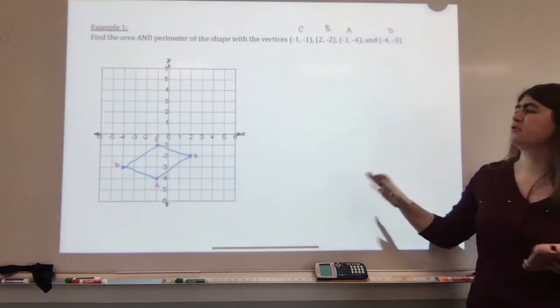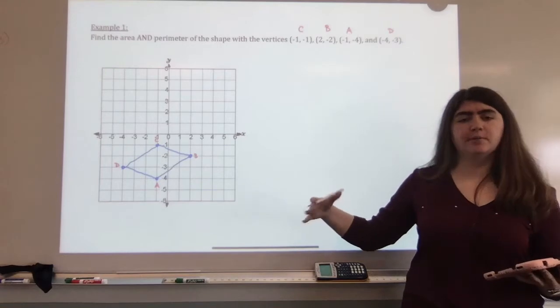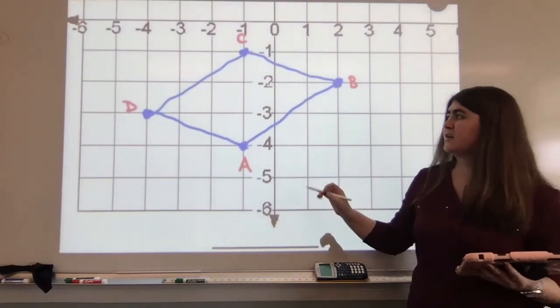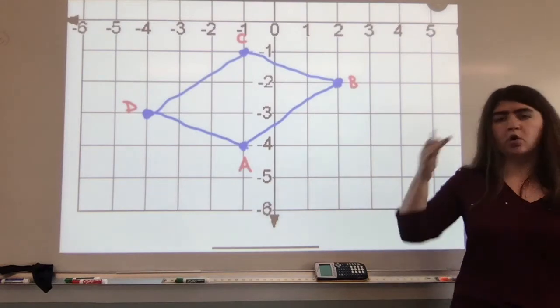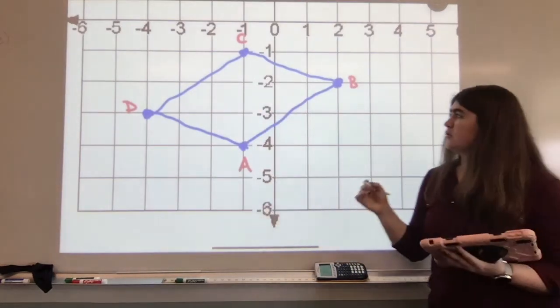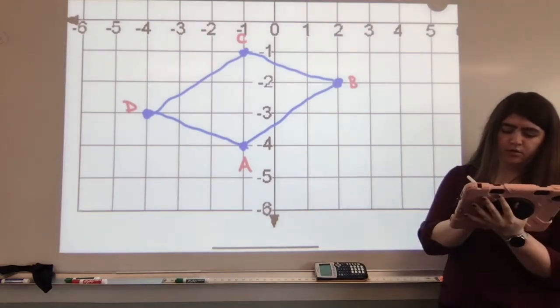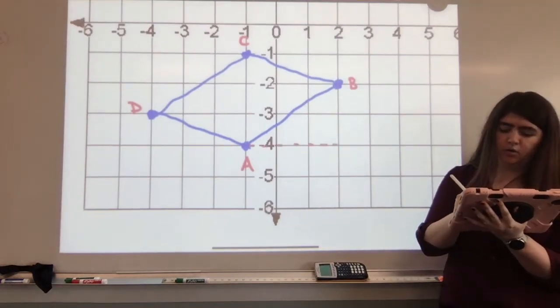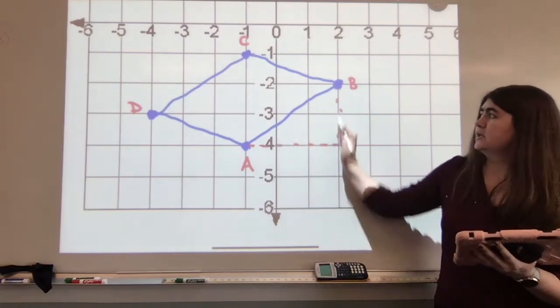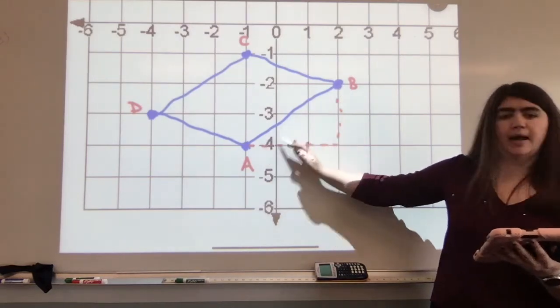Now I'm going to start with the Pythagorean theorem, and I'm going to solve for each of my side lengths, because I can't solve for area or perimeter unless I know how long each of these sides are. So starting with AB, I'm going to count my horizontal and vertical distance traveled to create a right triangle to solve for my hypotenuse.